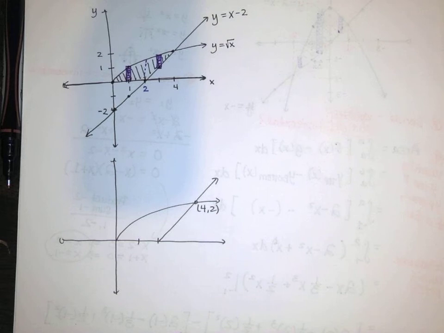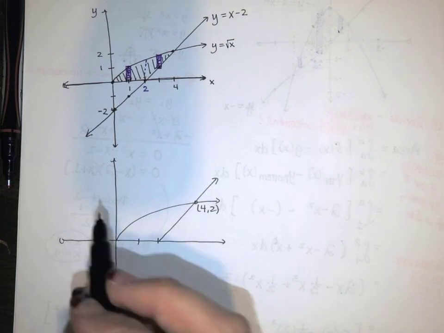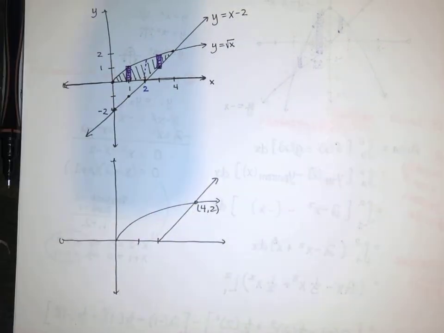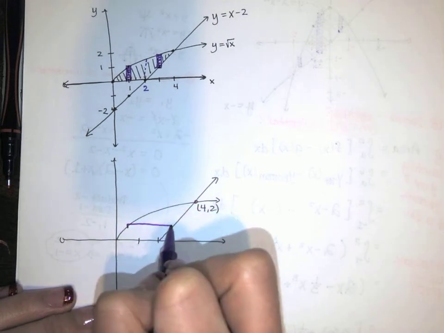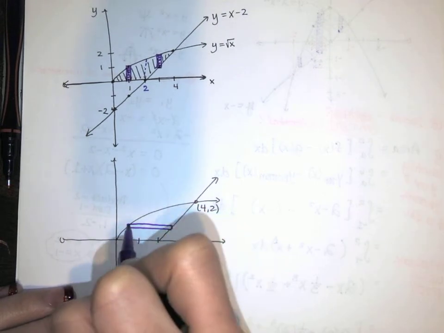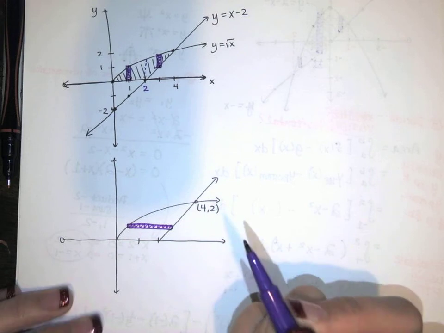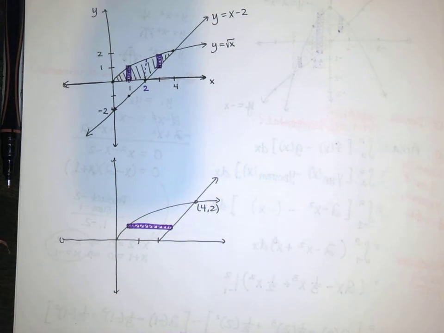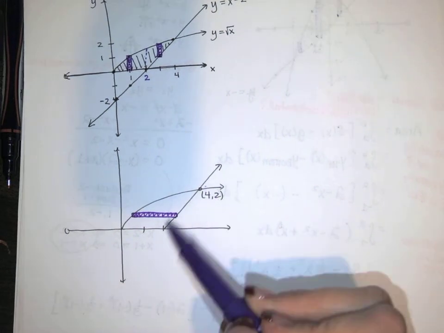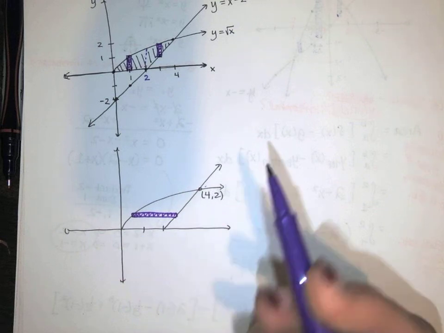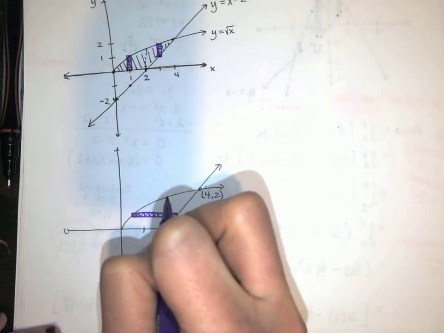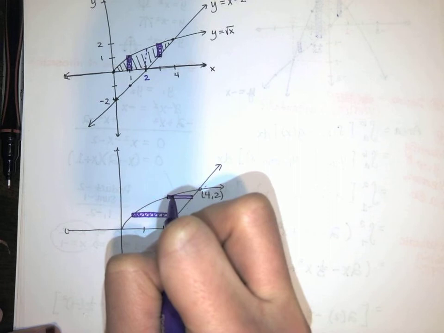Look what would happen if I drew my rectangles horizontally. Do you notice that I always have the same function on the right? It's the line. And I always have the same function on the left. It's that square root. You might say, I'm not really sure I believe you. Well, just draw another rectangle and you'll see.